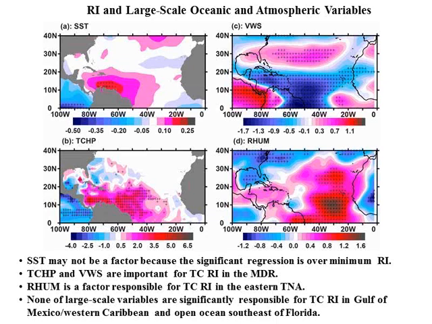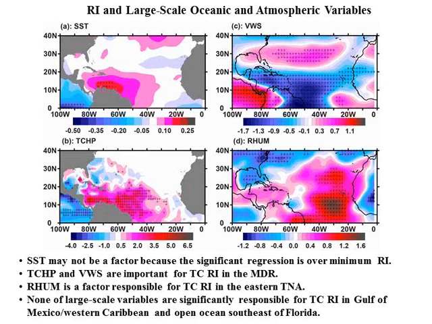Another point, the last point I want to make. Remember, I showed you earlier the three regions for I maximum: one is over this region, another over the Gulf of Mexico, another over the open ocean southeast of Florida.